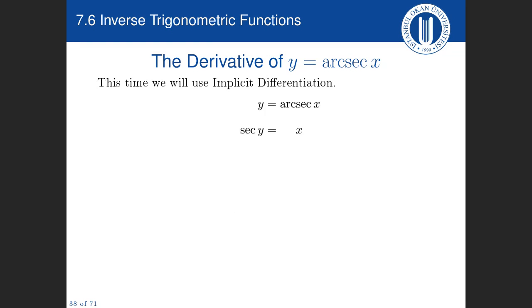So let me remind you, for implicit differentiation, we start with our equation. y is equal to arcsec x. That's the same as sec y is equal to x. And we're going to differentiate both sides with respect to x.